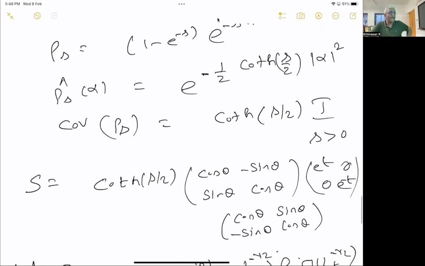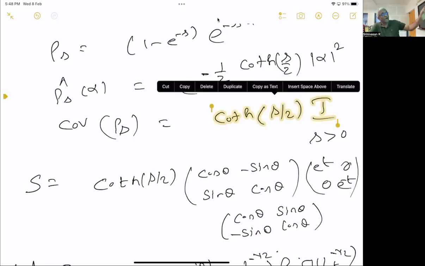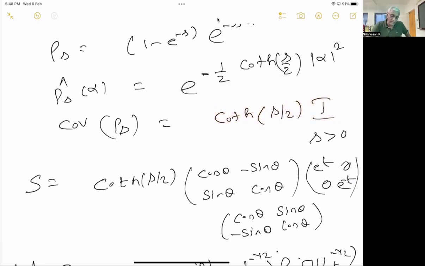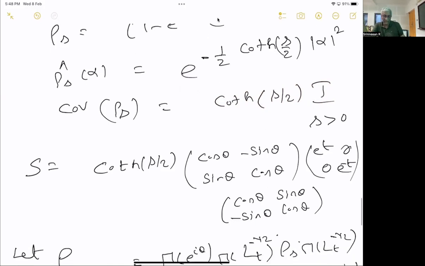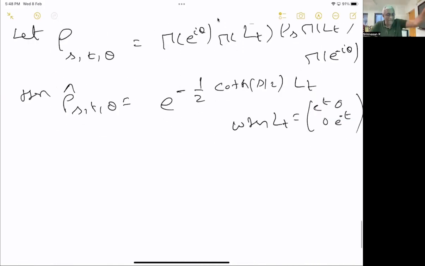The covariance is given by I. If you conjugate rho s by a unitary, it will not do anything because u star u will be 1. So you will not get anything by conjugating by a unitary. So just check. Only by gamma LT will we get something.